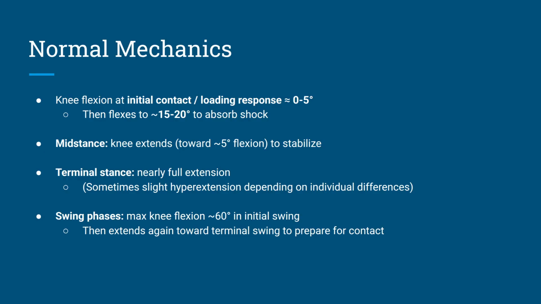During terminal stance, the knee is near full extension, sometimes even slight hyperextension, depending on anatomy, ligament laxity, and gait speed. Then, in swing, the knee flexes rapidly to about 60 degrees in initial swing, allowing foot clearance, and then extends again during terminal swing to prepare for heel contact.